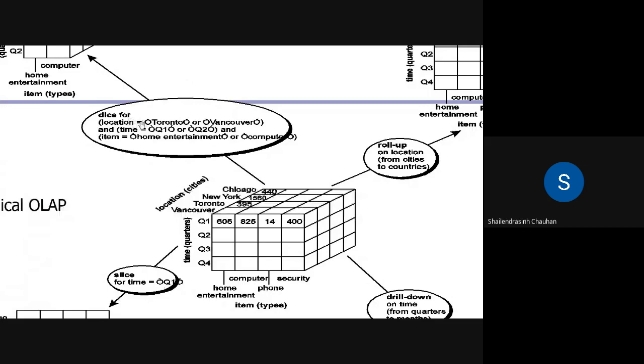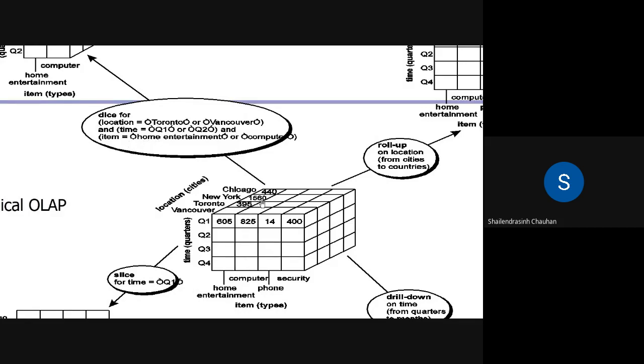So dice for what? Dice for location equal to Toronto or Vancouver. You are going to consider these two cities, Toronto, Vancouver, and time is equal to Q1, Q2, and item equal to home entertainment or computer.